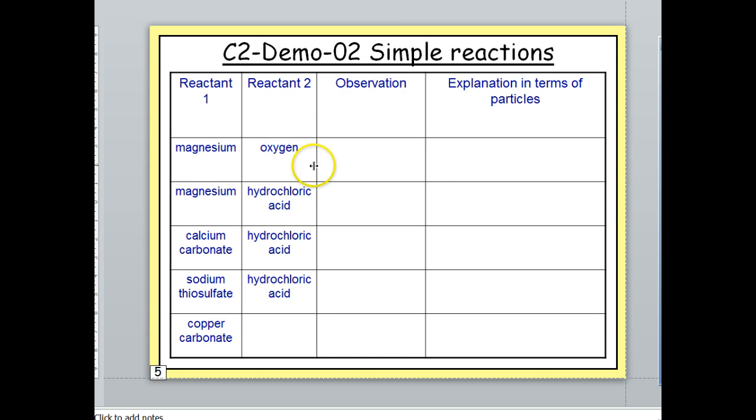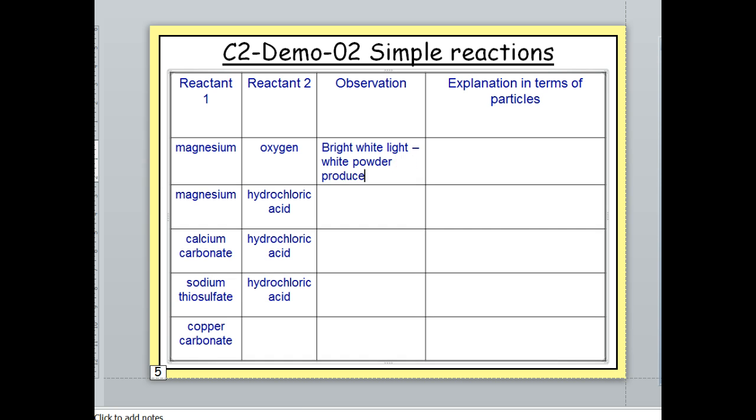If I had time I would have looked at some of these reactions and described them in terms of collision theory. So what observation would we have seen when magnesium and oxygen were burnt together? Well, the observation which you all know from middle school or primary school is we see a bright white light and then a white powder produced.